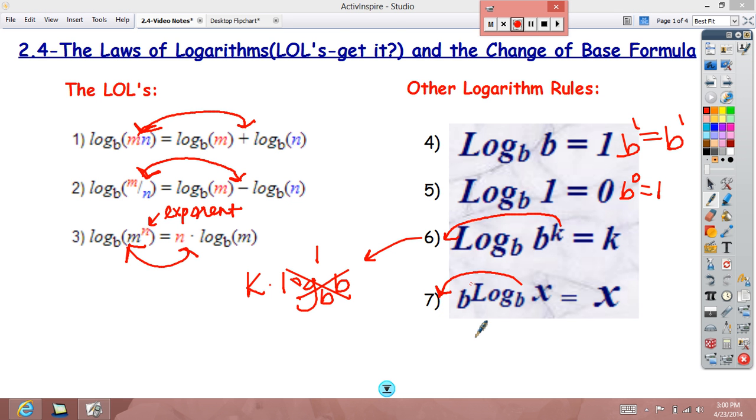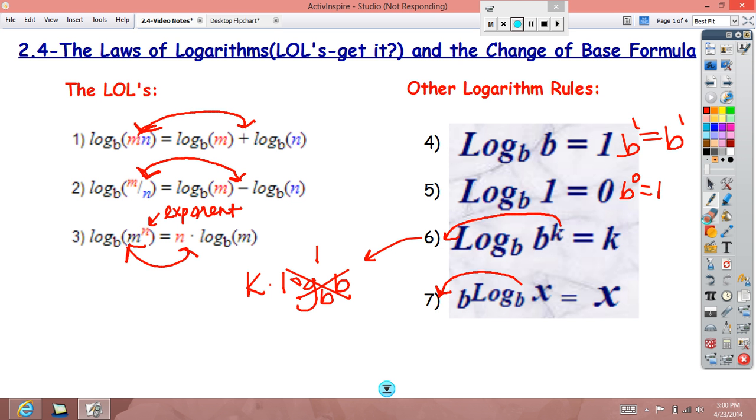You know what, actually, I don't know if that's true. I'm going to retract that statement. I can't bring this down in this case because there's not a log here. This is actually an exponential form.